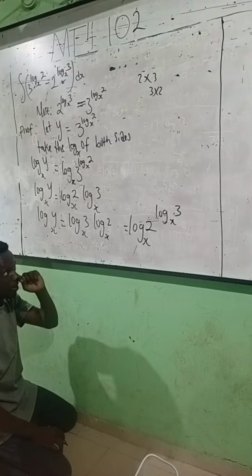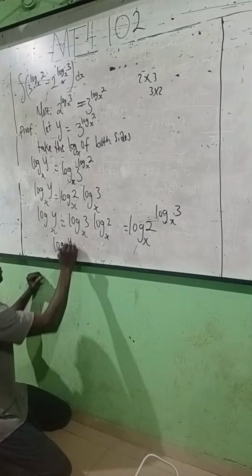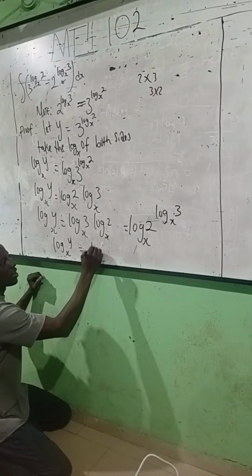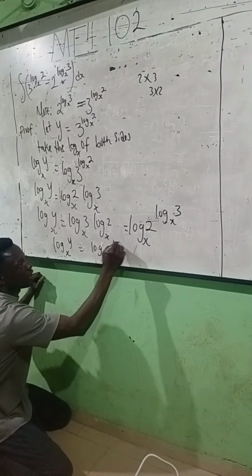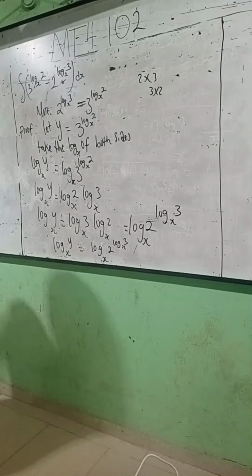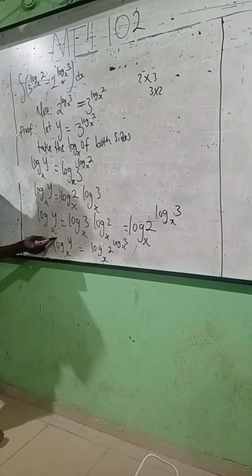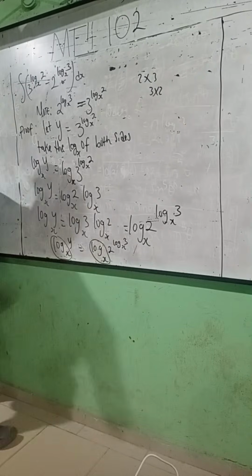So now, at the end of the day, we can say log y base x equals log 2 base x raised to power log 3 base x. Now, this one has log base x, this one also has log base x, isn't it?